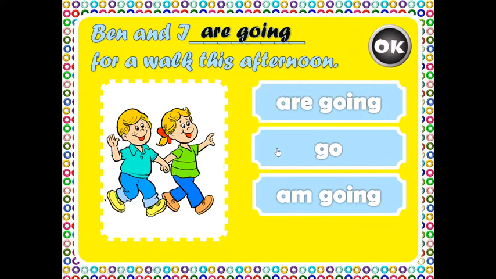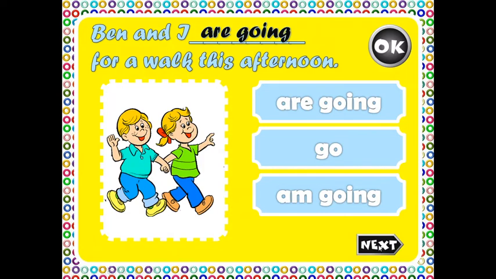I'm going. Okay? Because we're talking about Ben and I. So Ben and I are going. And this is a sentence that is indicating the future. This afternoon is not happening at the moment, but it's going to happen in the future. Okay? And it's giving us this sentence that is the clue.